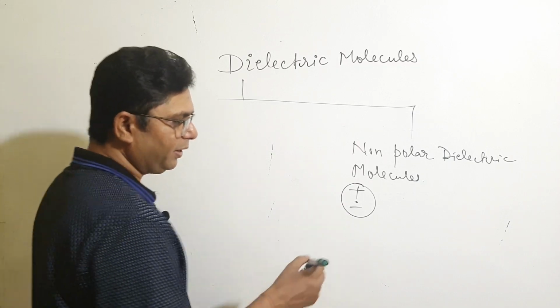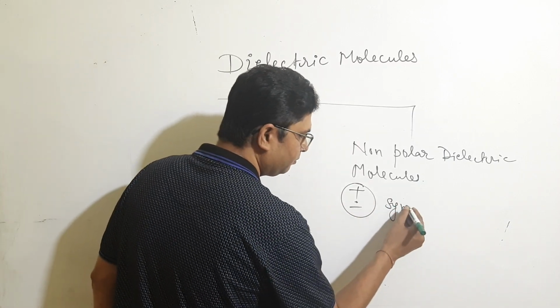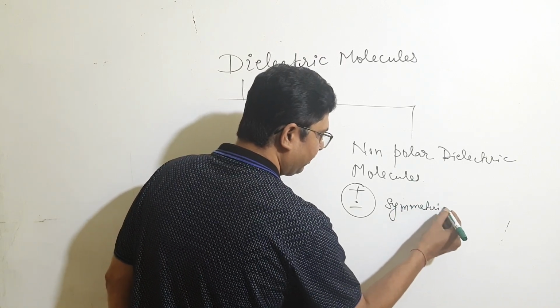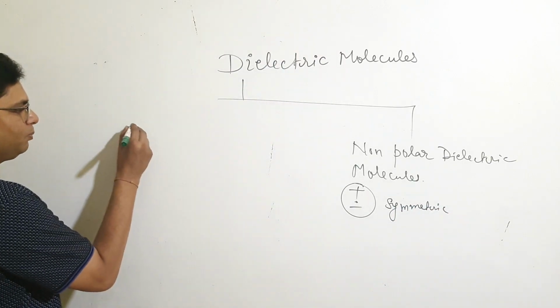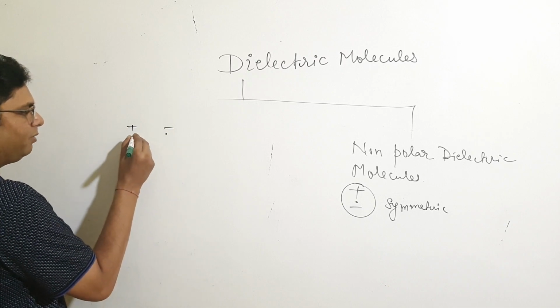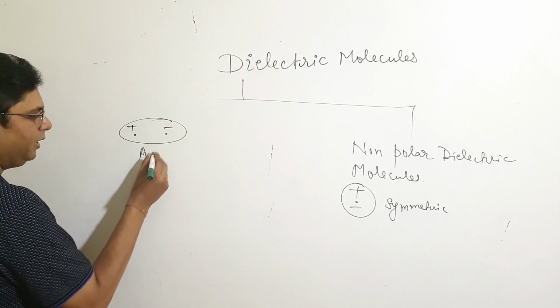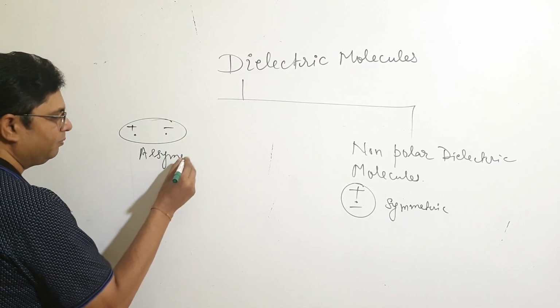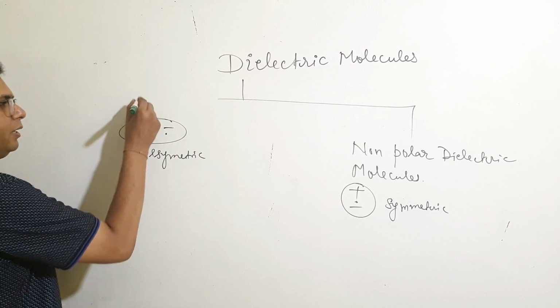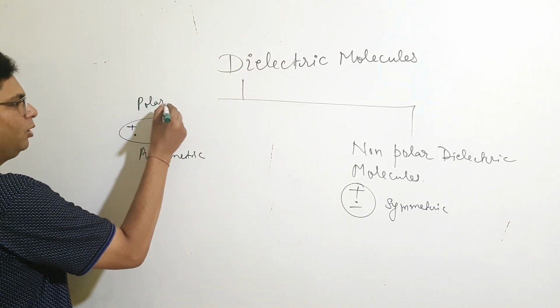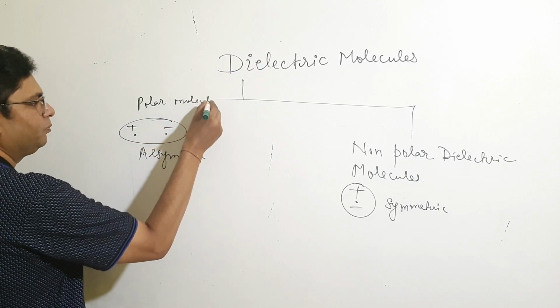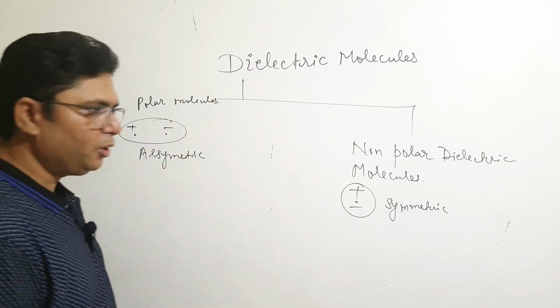Its shape is symmetric. The polar molecule shape is asymmetric, and this is for non-polar molecules.